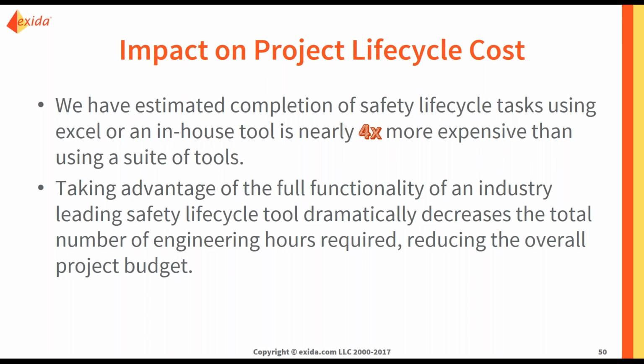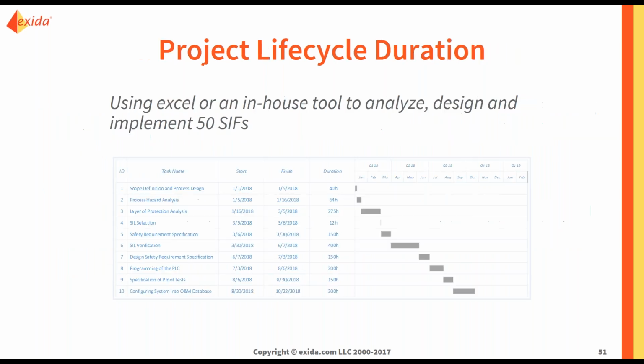Now that sounds great, but I like to have a visual. So we put together a Gantt chart, and this one shows the time it would take, your schedule, using Excel or an in-house tool to analyze, design, and implement 50 SIFs in your system. This does not include recording or any of the O&M tasks, but it does include your analysis and your design, as well as configuring your system into an O&M database.